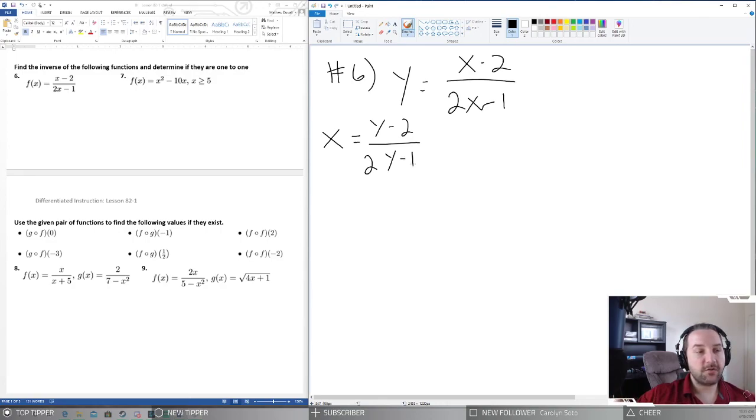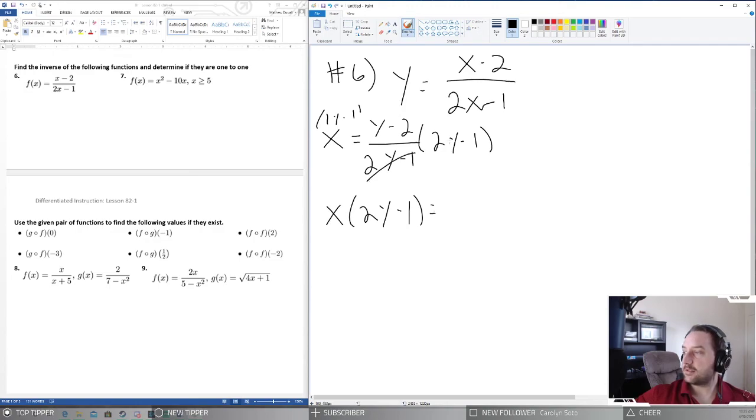Now we want to solve for y, or get y by itself. So we have y in the denominator, so the first thing we want to do is get it out of the denominator, and we do that by multiplying both sides. So you get x times 2y minus 1 equals, and then that's going to cancel out, so you get y minus 2. Distribute the x.